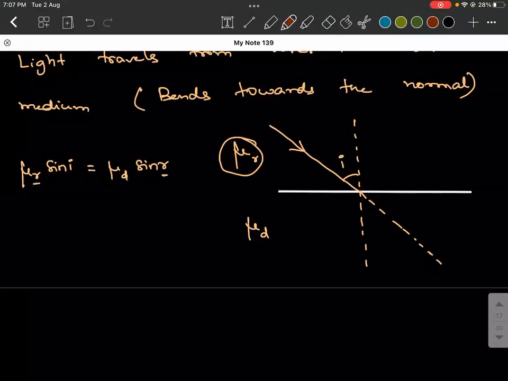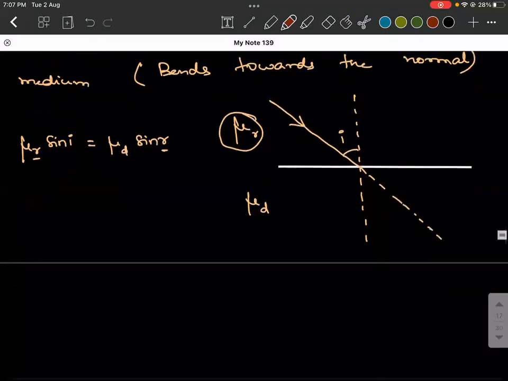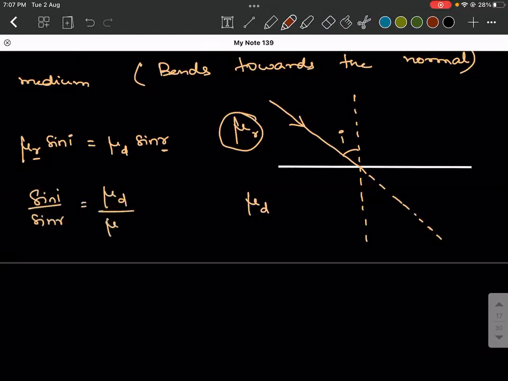Not to be confused between this r and this r. So mu r represents refractive index of rarer, and r in sin r represents angle of refraction. So from this I can write sin i by sin r is equal to mu d divided by mu r. But according to the definition of refractive index of denser and rarer medium, which one is greater?